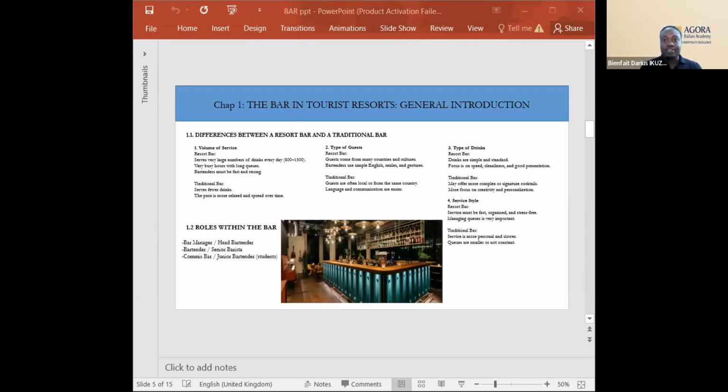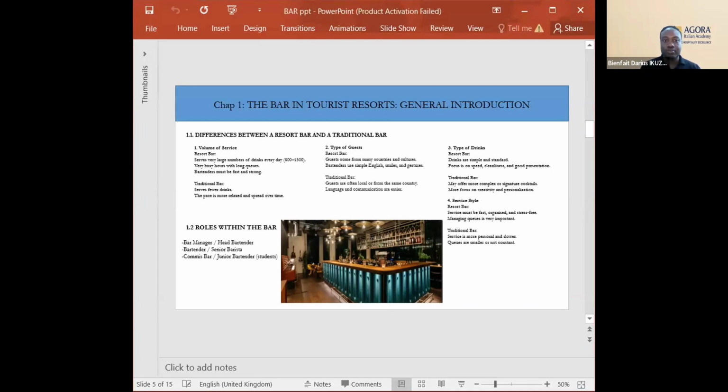So let's start with a big introduction of the bar in tourist resorts. And we do have different types of bars. As we can see, we have the traditional bar and we have the resort bar.